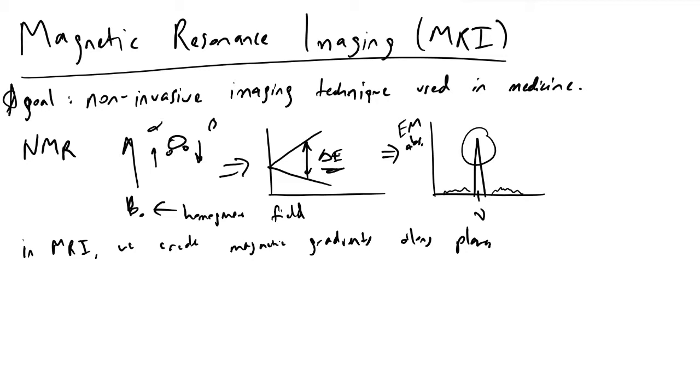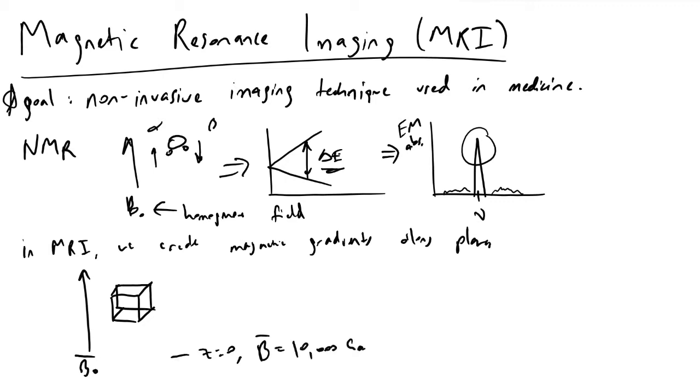And so to draw an example of what this might look like, let's say we had a cube of water that was somehow suspended in space along a single dimension, and the magnetic field will be applied here. And what we would find if I called this point Z equals 0, and it will have a magnetic field strength equivalent to 10,000 Gauss.